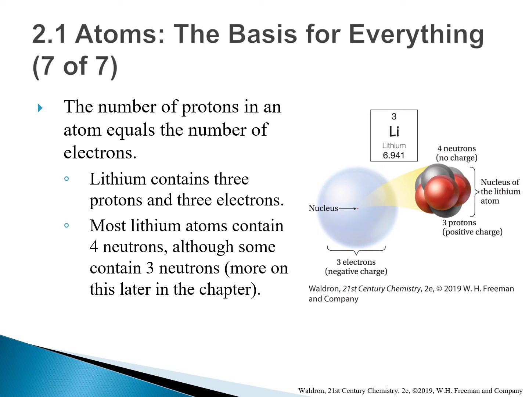The 3 positively charged protons and the 3 negatively charged electrons cancel each other out and give you a net zero charge. Most lithium atoms contain 4 neutrons, although some contain 3 neutrons. We'll talk more about the isotopes of atoms later in the chapter.